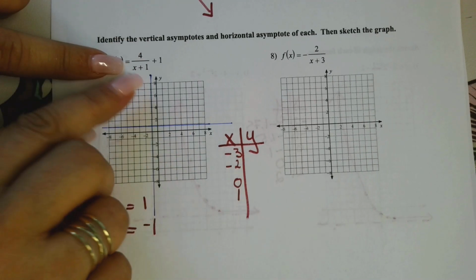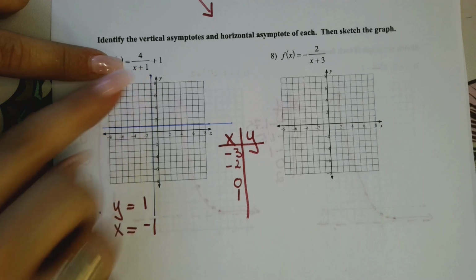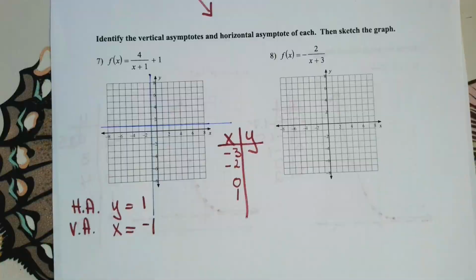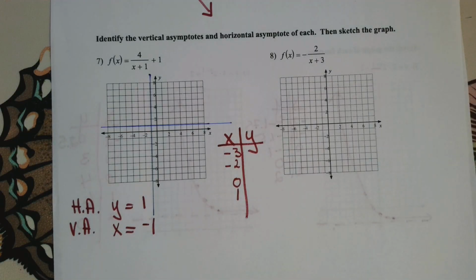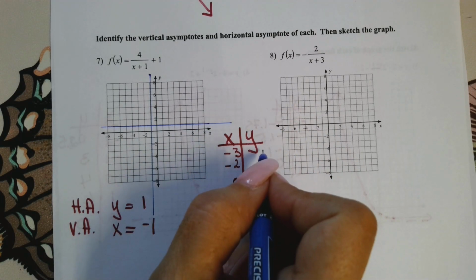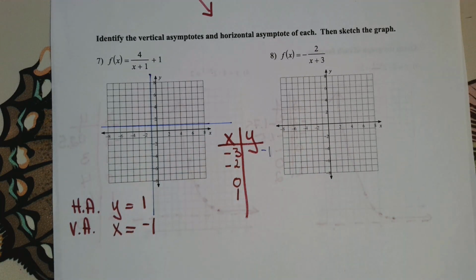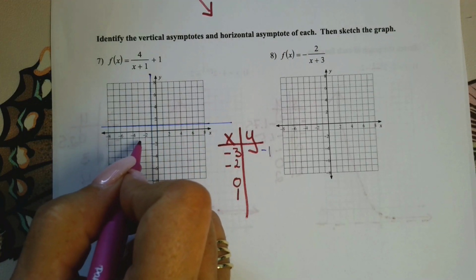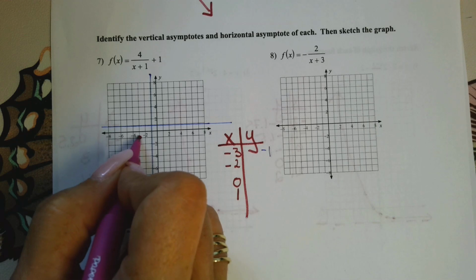So if I plug in a -3, I'm going to get -3 plus 1, and that is -2. 4 divided by -2 is -2. -2 plus 1 is -1. So at -3, I am at -1.